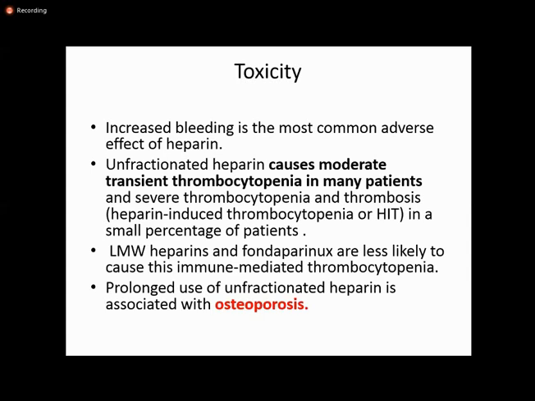What are the toxicities? Increased bleeding is the most common adverse effect of heparin. This is an important point: unfractionated heparin causes moderate transient thrombocytopenia in many patients, and severe thrombocytopenia and thrombosis, called heparin-induced thrombocytopenia, in a small percentage of patients.